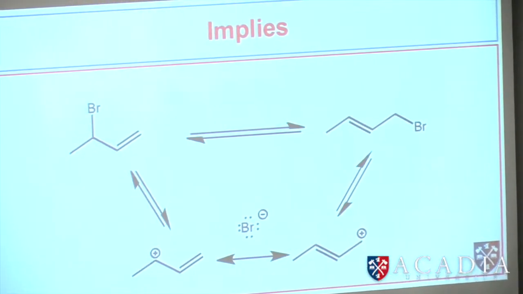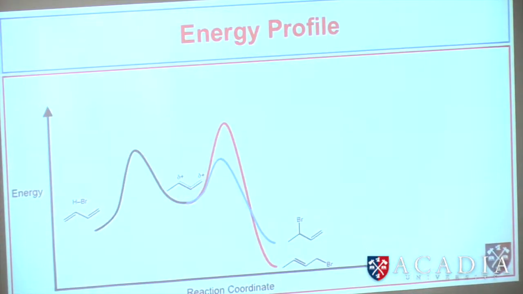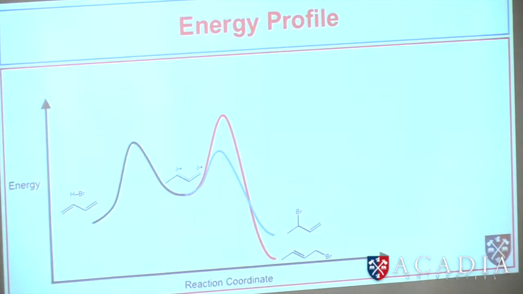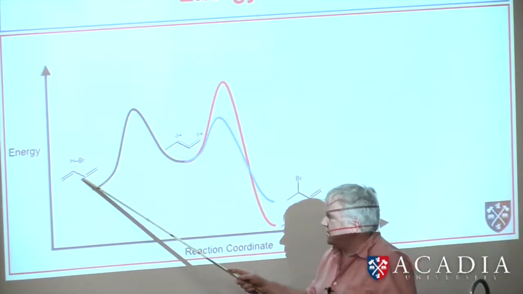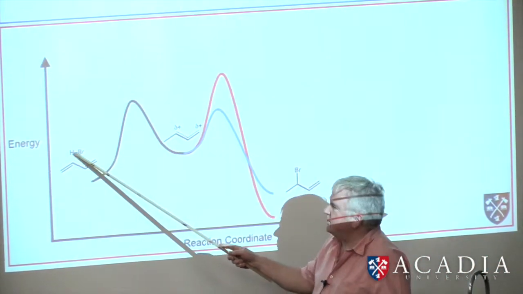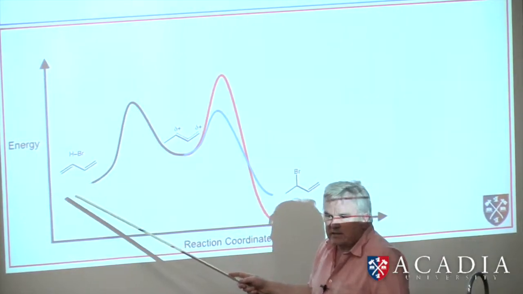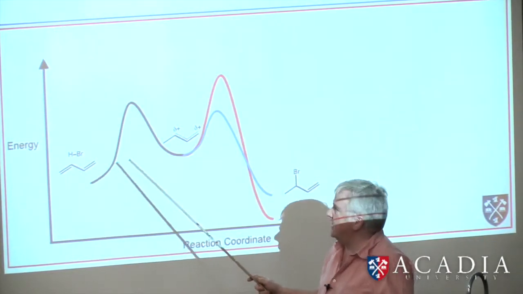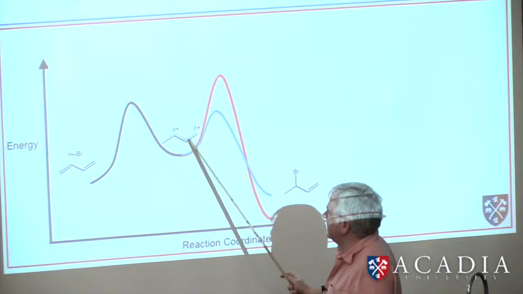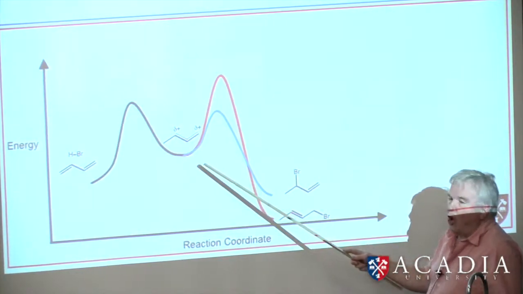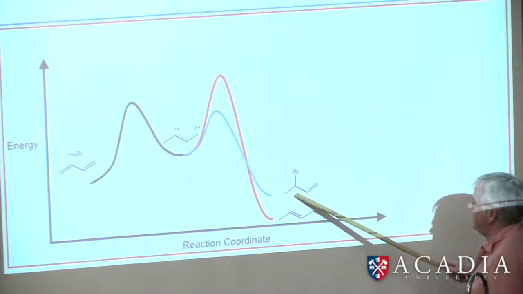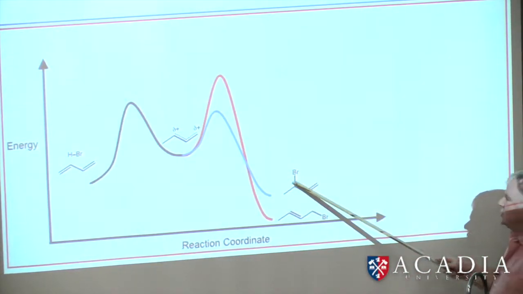So what's going on then at low temperatures? I want you to think about an energy profile. So what's happening? The first step in our reaction is proton transfer. The proton is going to go to the end of the system to form the more stable allylic cation. That allylic cation then can either, at low temperatures, we find that we get more of this product.